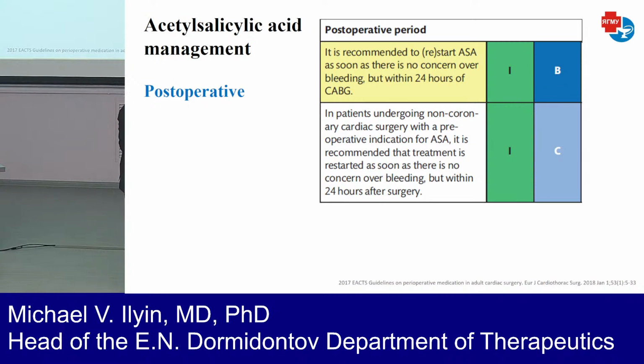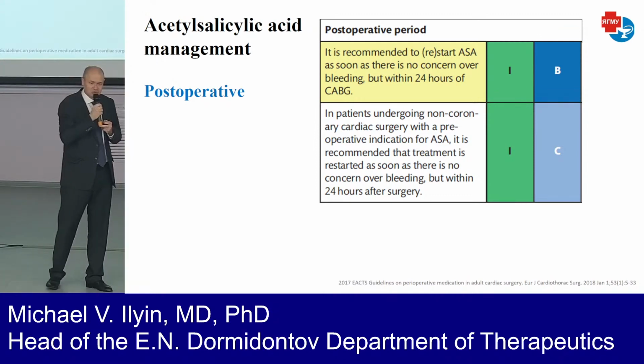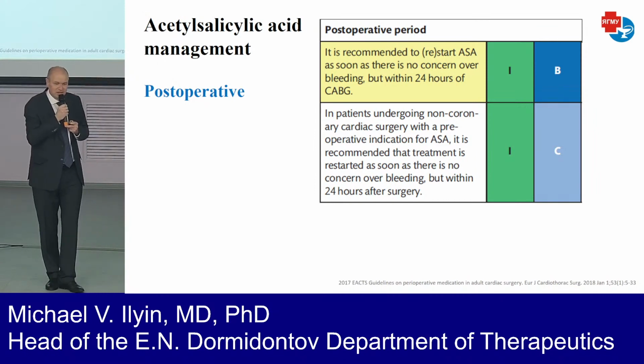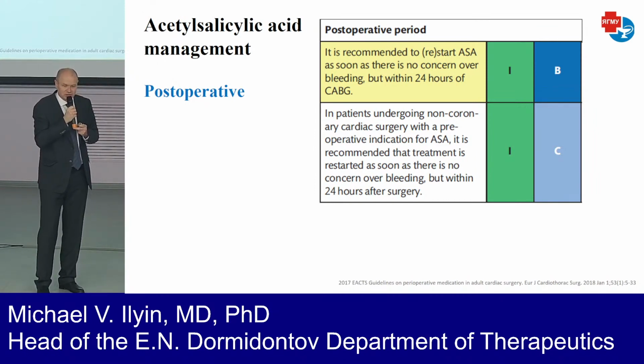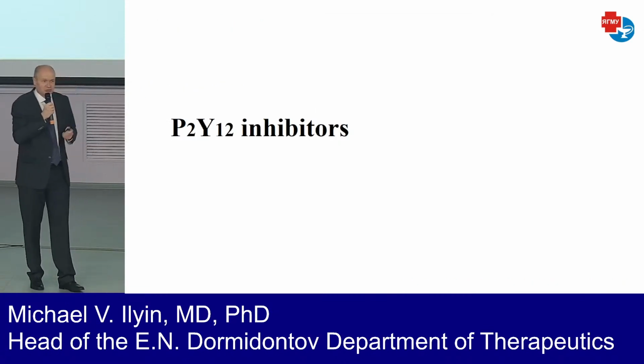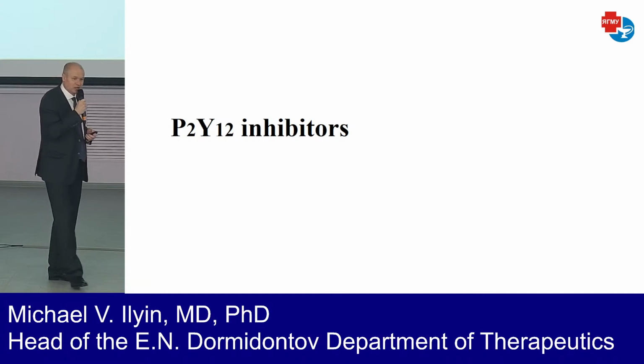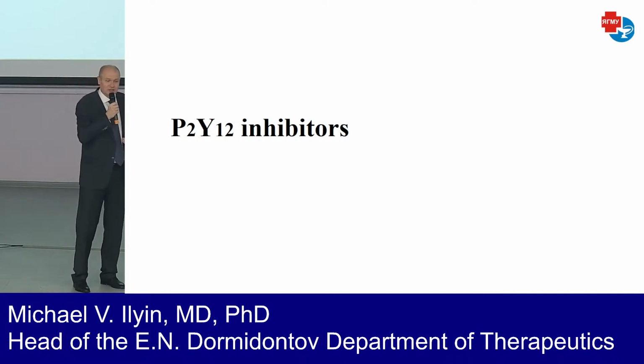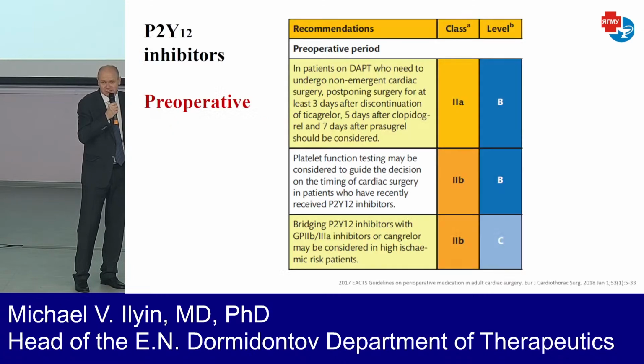In patients undergoing non-coronary cardiac surgery with a preoperative indication for ASA, it is recommended that treatment is restarted as soon as there is no concern over bleeding, but within 24 hours after surgery. 1C level of evidence. The next group is P2Y12 receptor inhibitors, receptors of platelets.